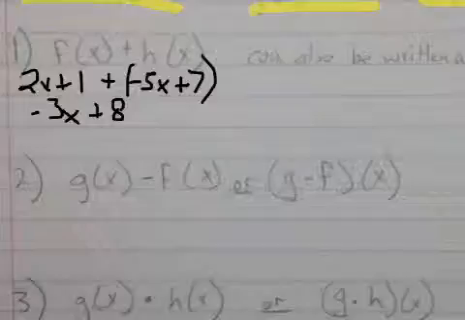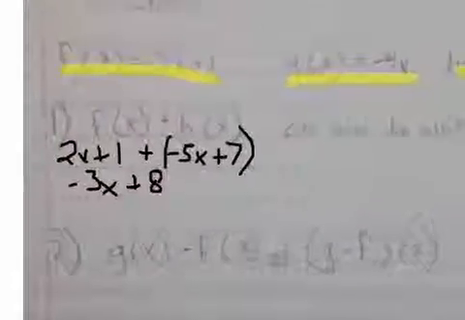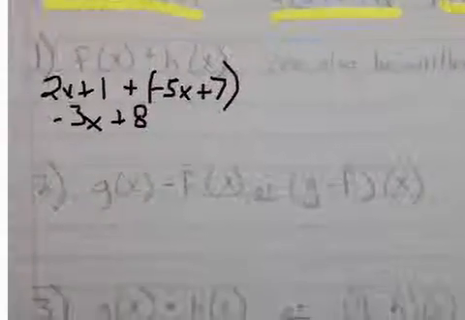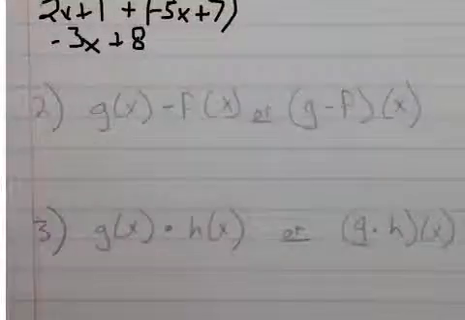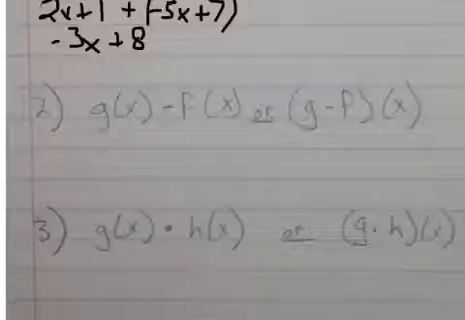But for right now, just be familiar with both ways to write it, okay? So now we're doing g of x minus f of x. So we have to go look. G of x is negative 4x. So let's write that down. Okay. G of x is negative 4x.